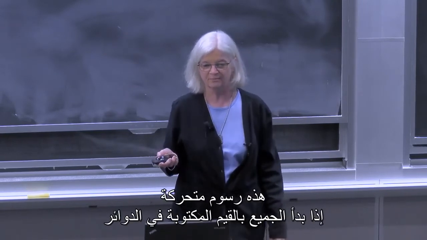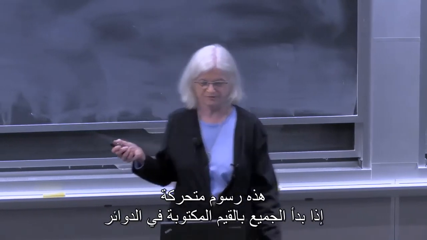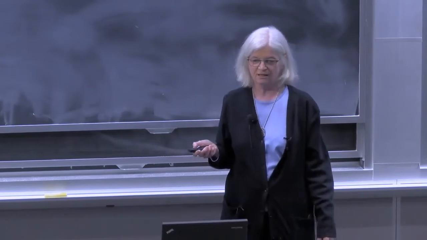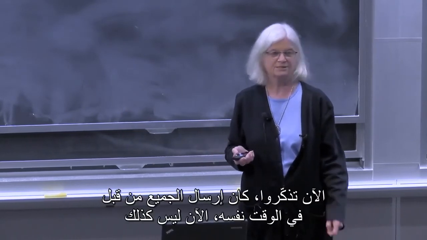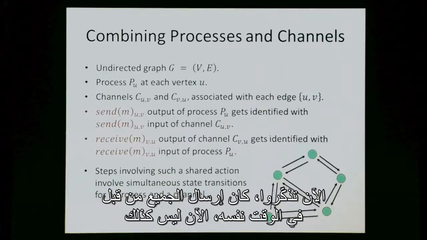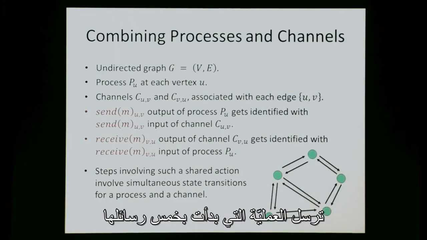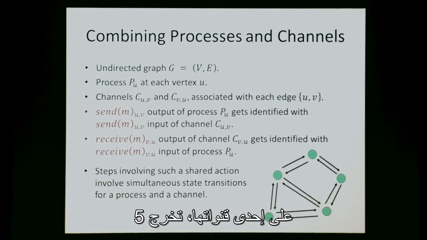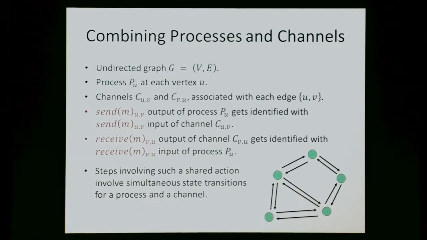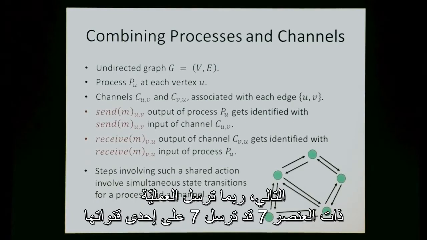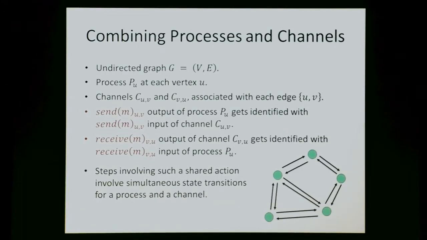So here's an animation. Everybody starts with the values that are written in these circles. Now remember, before they were all sending it once, now no more. Let's say the first thing that happens is the process that started with 5 sends its message out on one of its channels. So the 5 goes out. The next thing that might happen is the other process with the 7 might send the 7 out on one of its channels. And these are 3 more steps.